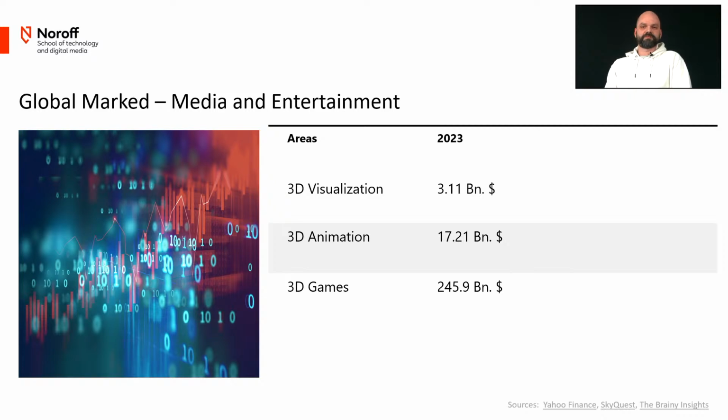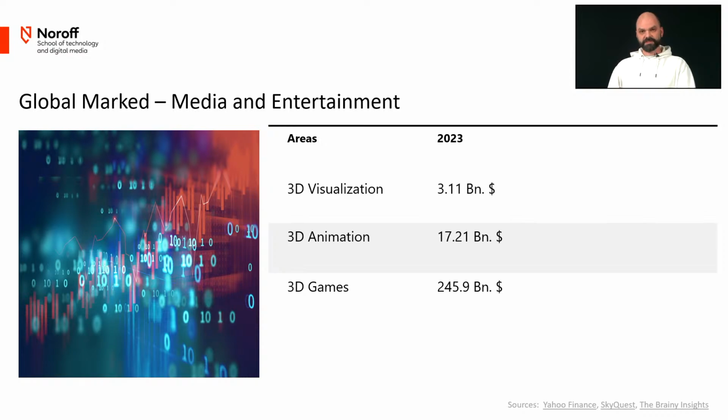Okay, so let's do some boring stuff first. Market growth. In the field of media entertainment, we're looking at the current numbers, what the global market is like, and you'll see there are quite vast sums of money involved in our area. We have 3D visualization, 3D animation, and 3D games, and I'm going to go into what that means in the next slides.